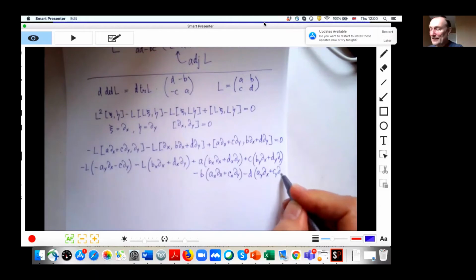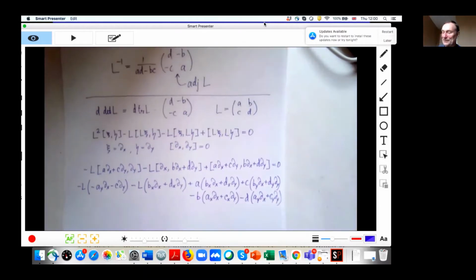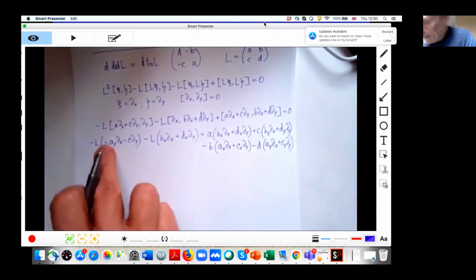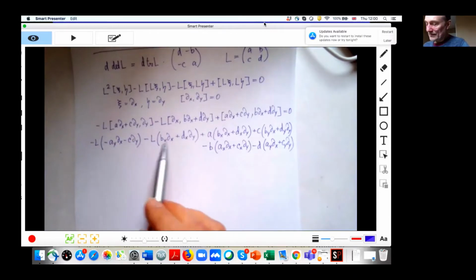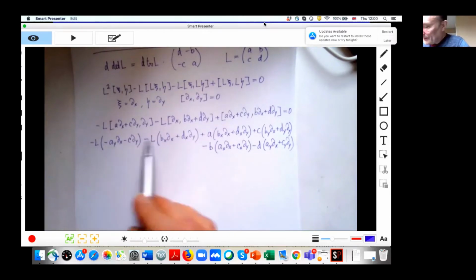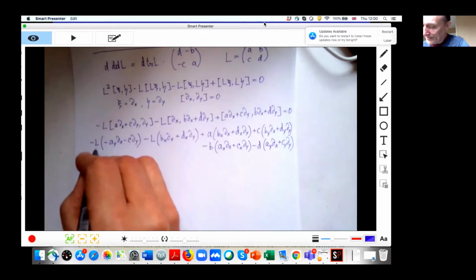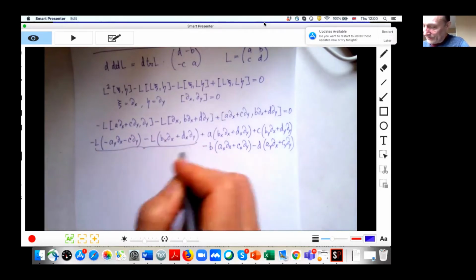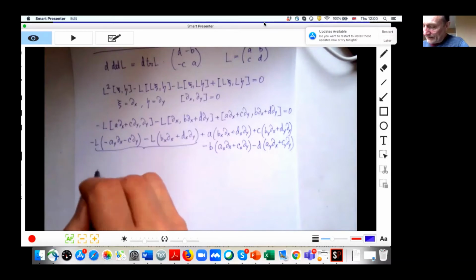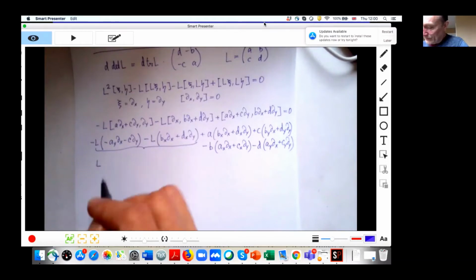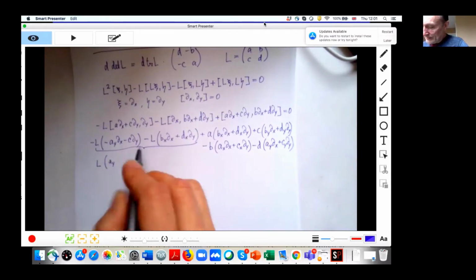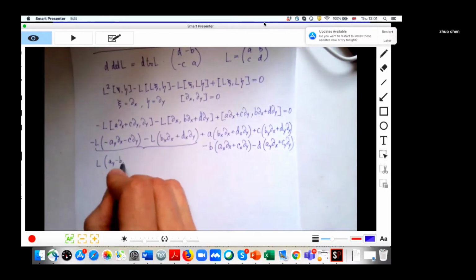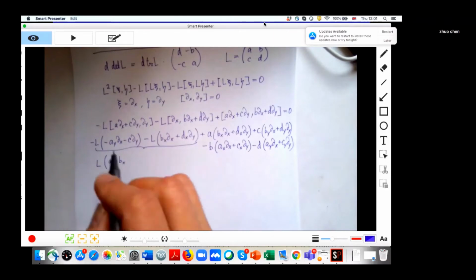So finally, I need to compute the result of the application of L to this guy. So I will rewrite this in this form. Let me write it like this. So L, and so I apply to a y minus bx. Cy, it should be cy. You missed y.